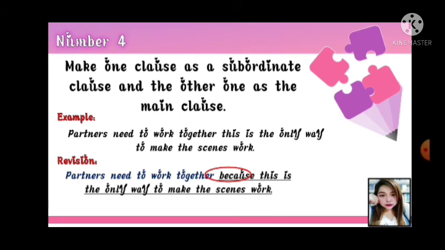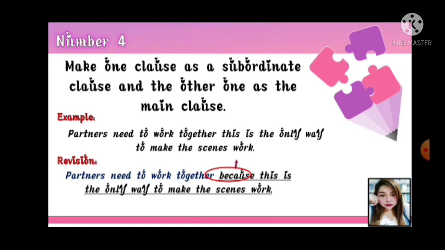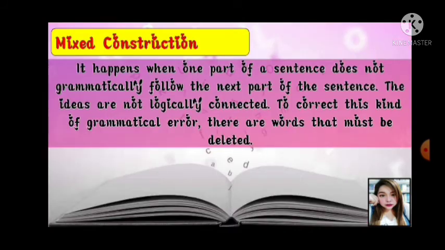So we have here a subordinating conjunction, because. So this is the main clause, partners need to work together. The main clause is independent. And this is the subordinate clause, this is the only way to make the scenes work. Remember that a subordinate clause always starts with a subordinating conjunction.